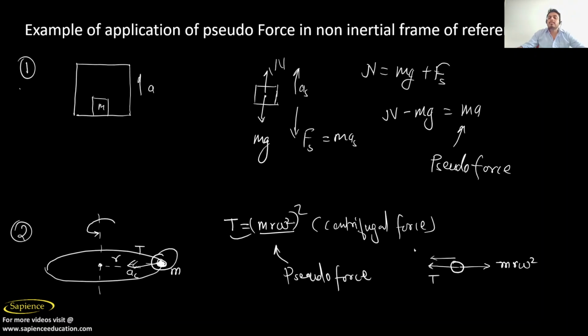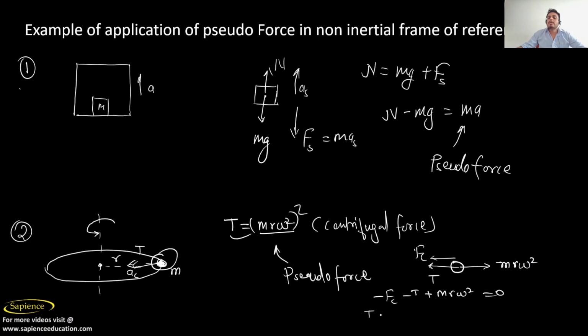So centripetal force, that is F centripetal, is acting in this direction, towards the center. If you add these up, what do you get? It will be minus Fc minus T plus mr omega square equal to 0.